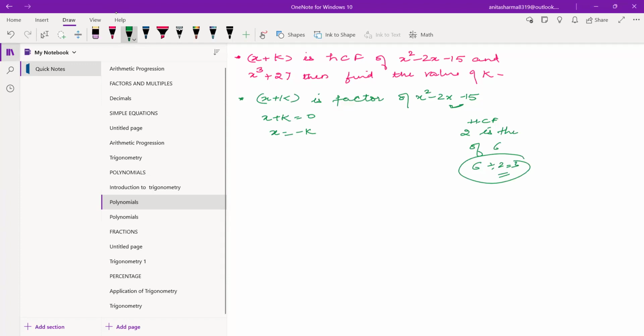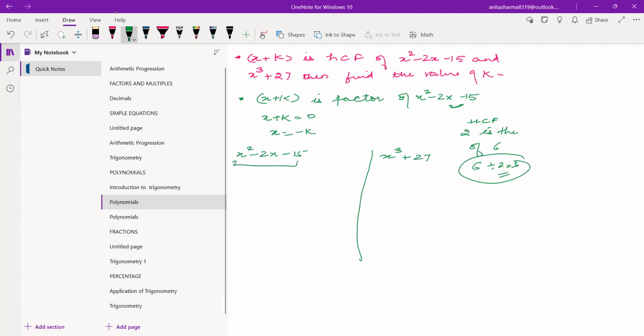Yes, ma'am. So what can I write here? Ma'am, minus k square minus 2 into minus k minus 15. Then k square plus 2k minus 15.